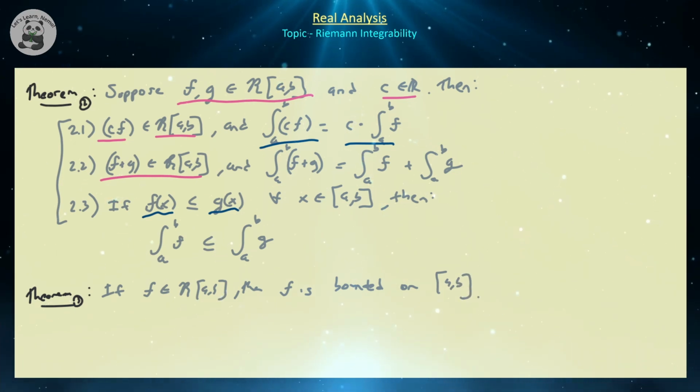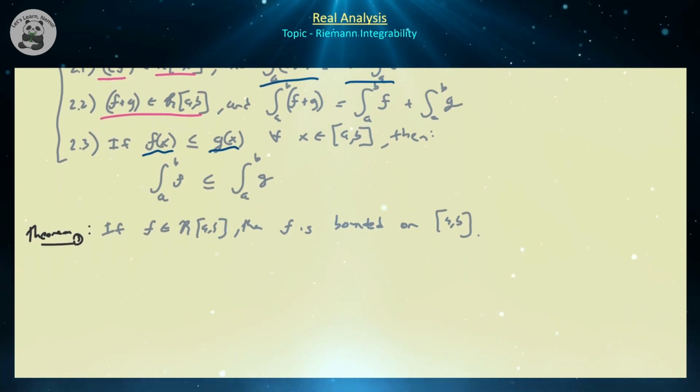We had a very similar conclusion when it came to the continuity of functions. If a function is continuous on a closed and bounded interval, then it was also bounded. But also, if a function is Riemann integrable on a closed and bounded interval, then f is also bounded, which is actually pretty interesting.